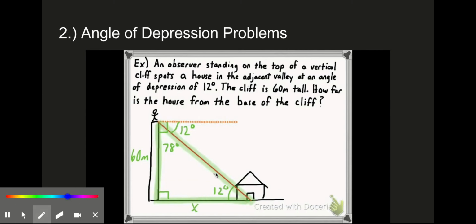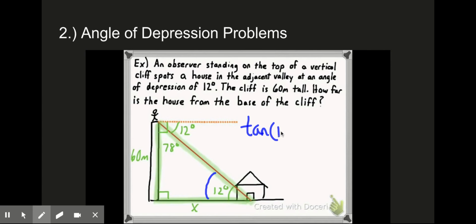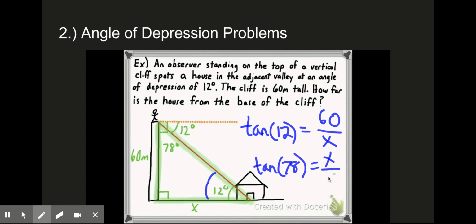Okay, so if you want to use the 12, you still can. You could say the tangent of 12 degrees is 60 over x.